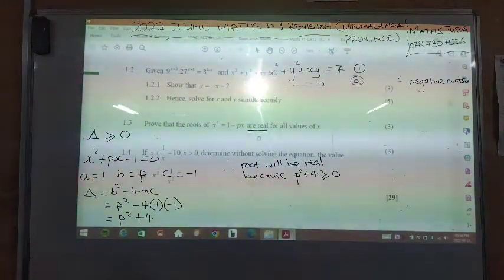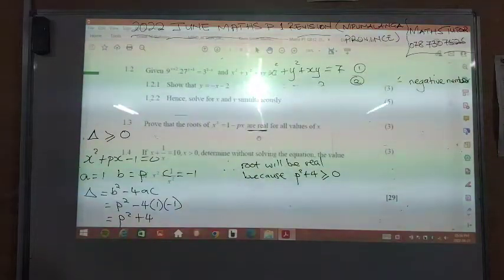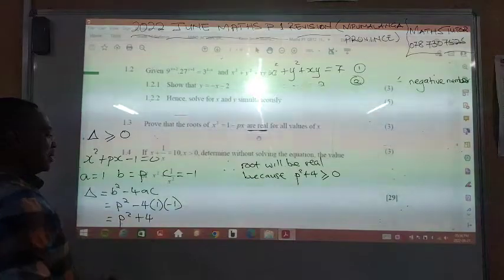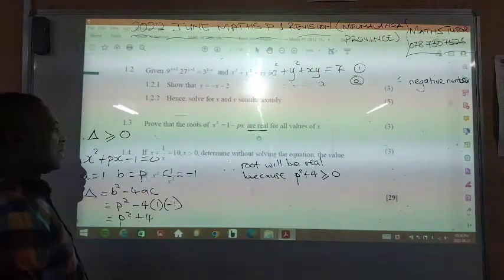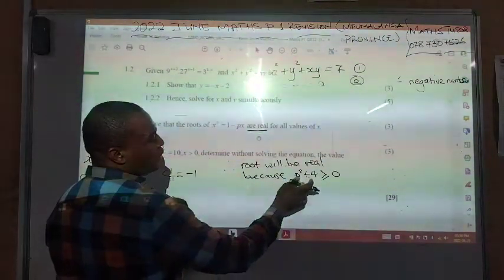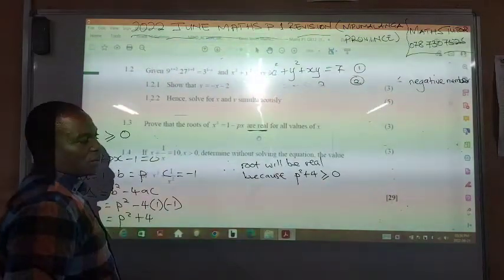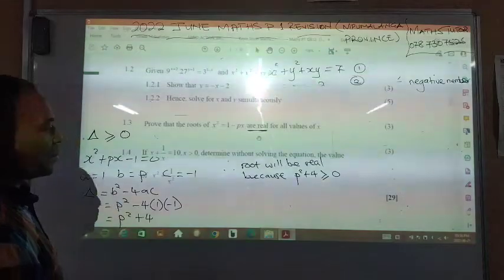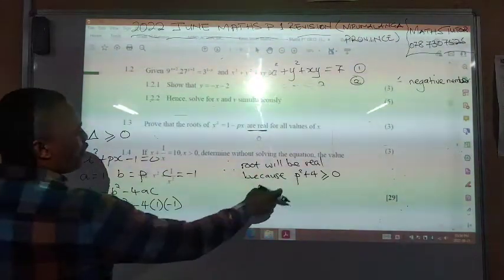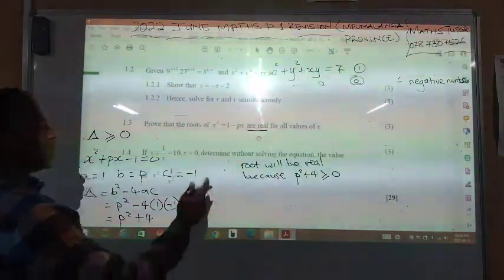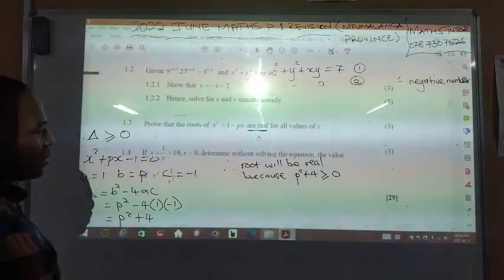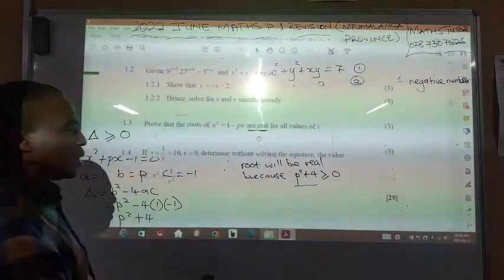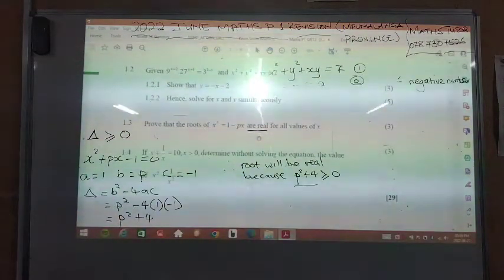That is how we answer this question, of which definitely this p squared plus 4, in actual sense, will always be greater than 0, because for any value of p, the minimum you can get is 4. So it was just a point of showing that the discriminant will always be greater than 0.